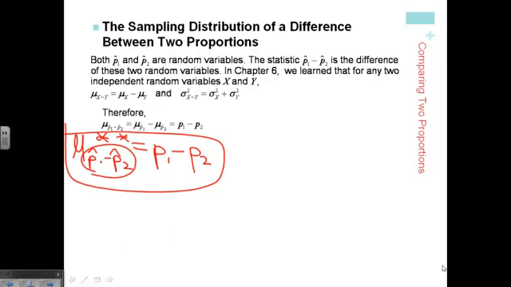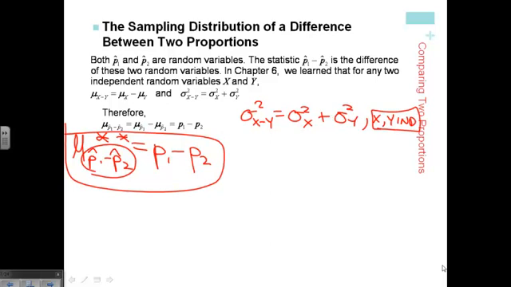Well, let me go back to chapter 7 with you. When I wrote something like X minus Y, the variance of X minus Y is equal to the variance of X plus the variance of Y. Do you remember that? I hope you do. Oh, there's a condition associated with that formula: X and Y independent.